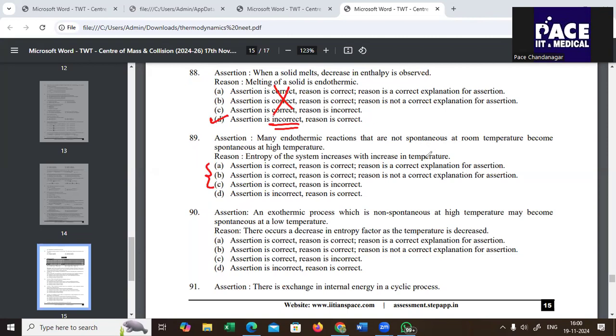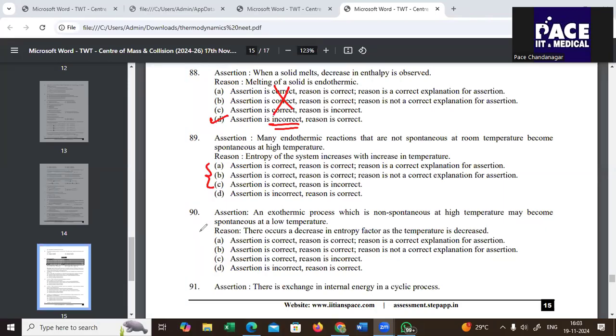So the assertion is correct, the reason is also correct, and the reason is the correct explanation also. Next, an exothermic process which is non-spontaneous at high temperature may become spontaneous at low temperatures. Exothermic means energy is released at high temperatures, and it may become spontaneous.